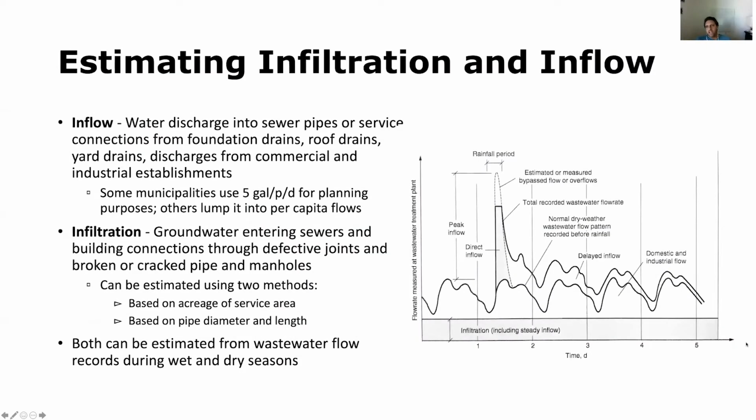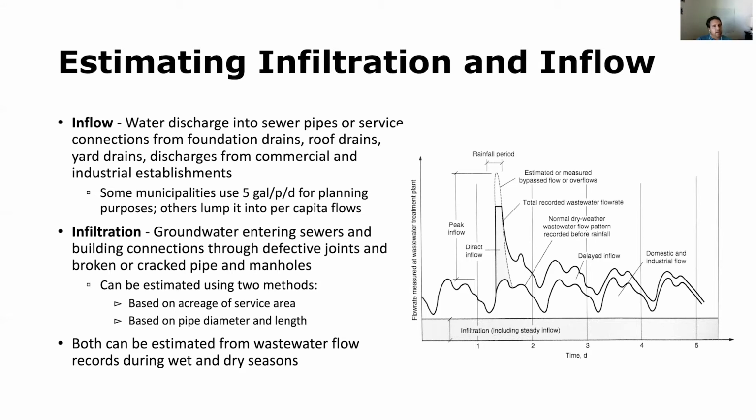Okay, now that we can understand a little bit about flow rates, loadings, and concentrations, let's talk about how to actually determine those flow rates. So let's start with estimating infiltration and inflow. So inflow, again, is defined as the water discharged into sewer pipes or service connections from things like foundation drains, roof drains, yard drains, discharges from commercial and industrial establishments.